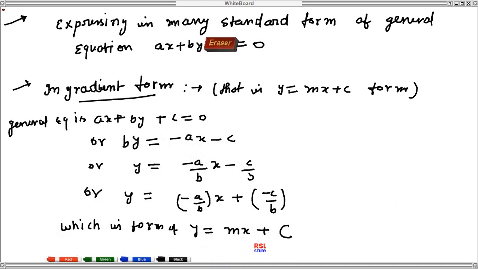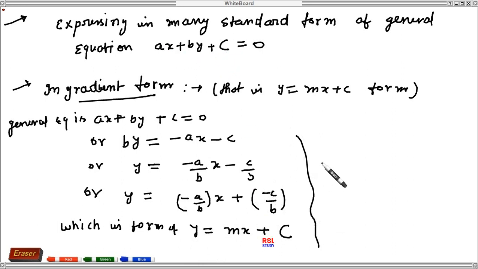So just comparing, here is a small c and this is a big C. Comparing this equation with this, we get m equal to minus a by b and c equal to minus c by b. This is big C, capital C, and this is small c.